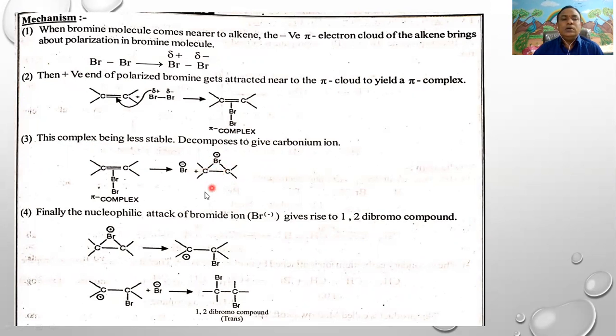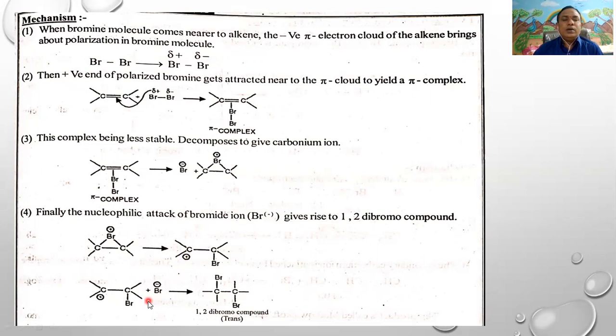Here in the cyclic bromonium ion, compared with carbon, the electronegativity of bromine is more. The carbon-bromine bonded electrons are polarized towards the bromine atom, then it gives a carbonium ion.